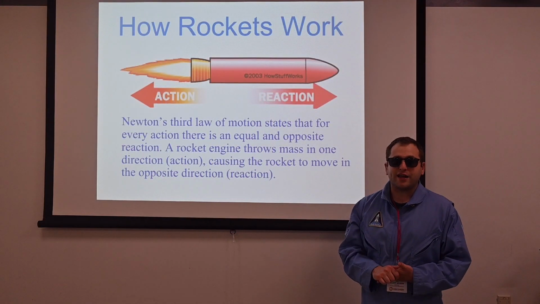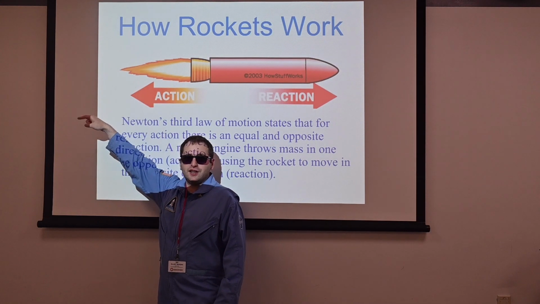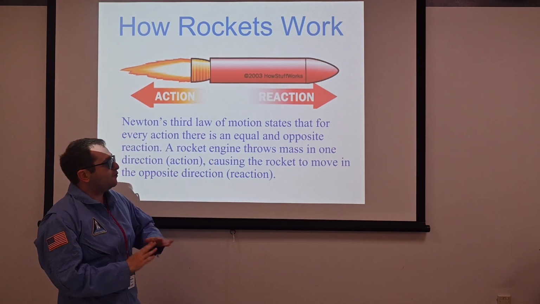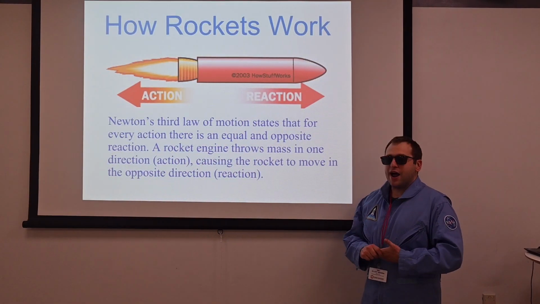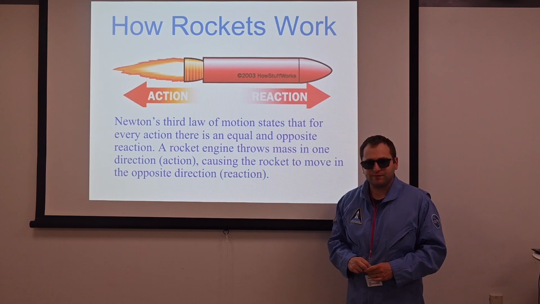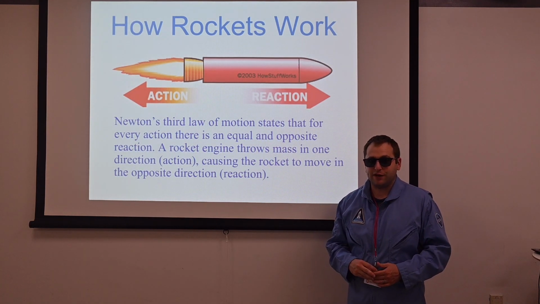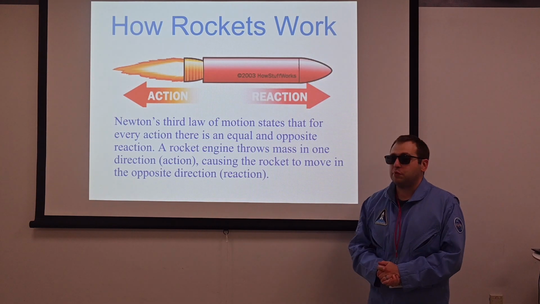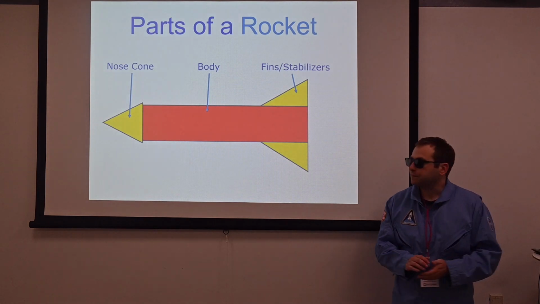So, if a rocket generates 1,000,000 pounds of thrust, then 1,000,000 pounds of force are going to be pushing that rocket forward. So your rocket today is going to use air pressure, so it's not going to have an engine. It's also going to be flying within Earth's atmosphere. So let's see the parts of the rocket that you're going to build today.